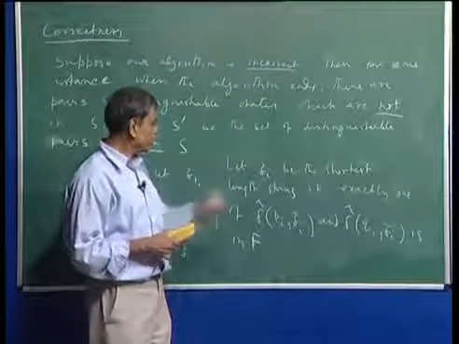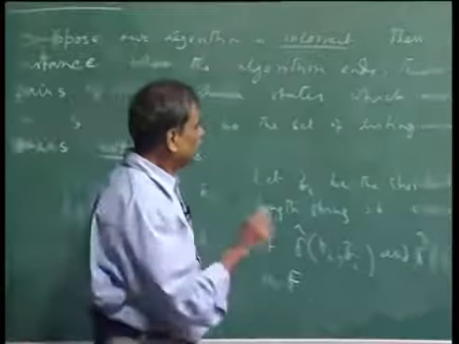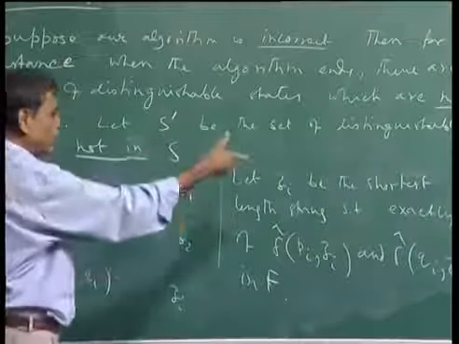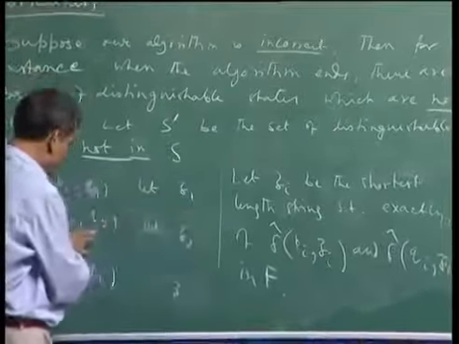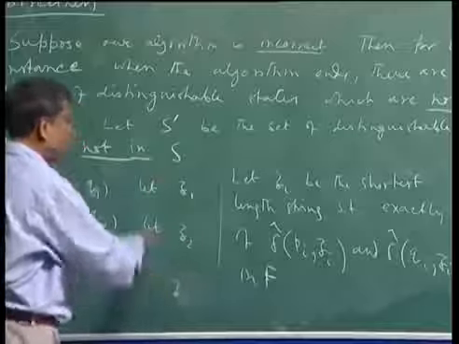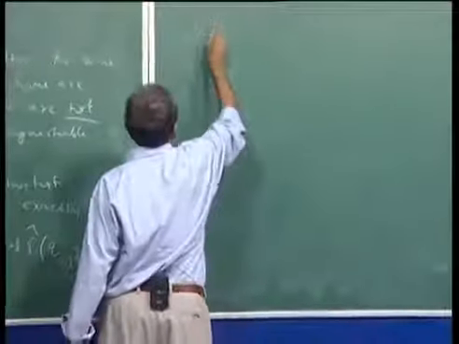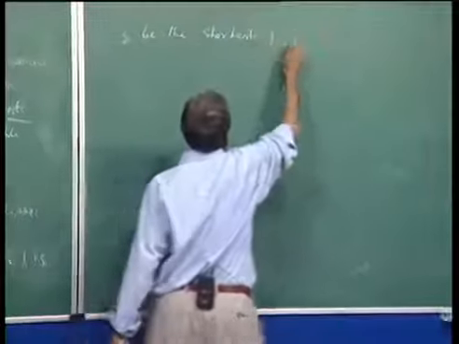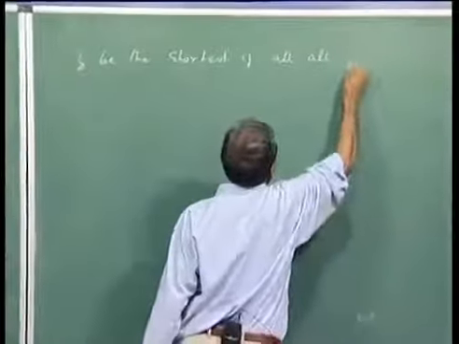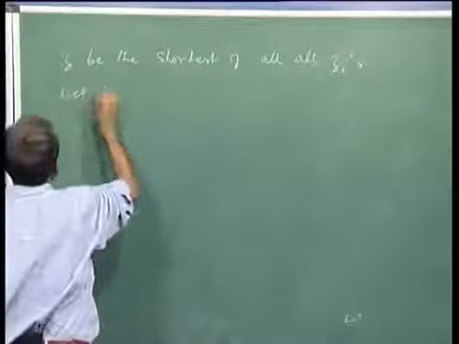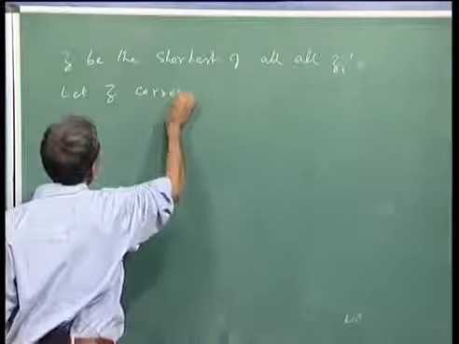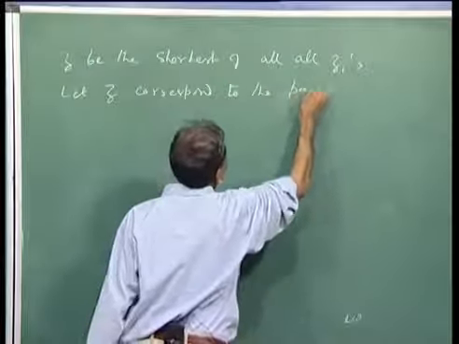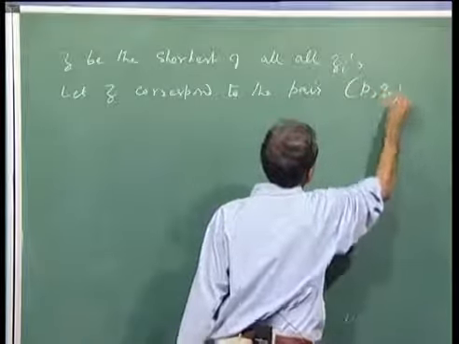There will be infinitely many such strings; let Zi be the shortest. Now, let Z be the shortest of all these Zi's, the shortest witness overall, and let Z correspond to the pair P, Q.